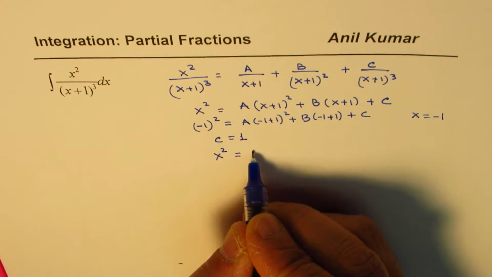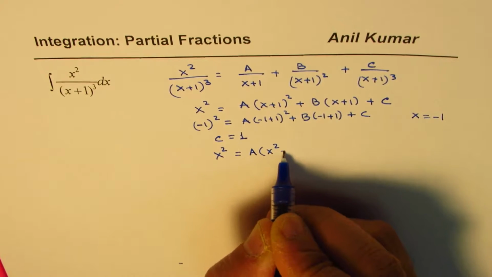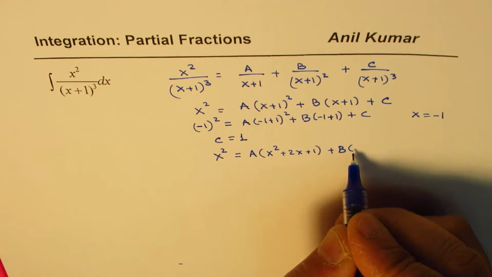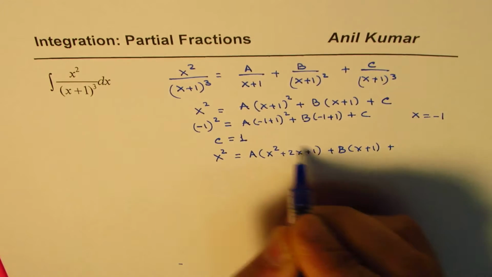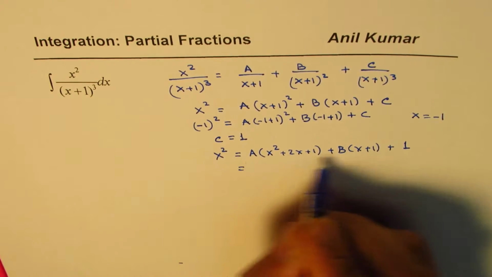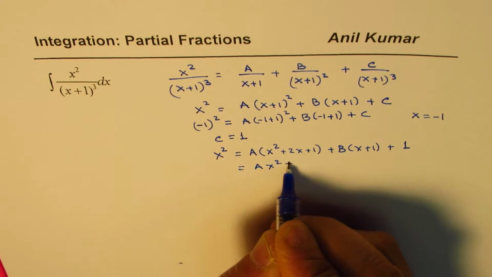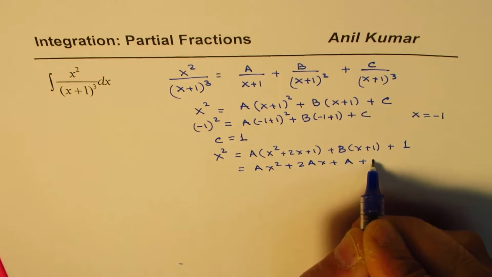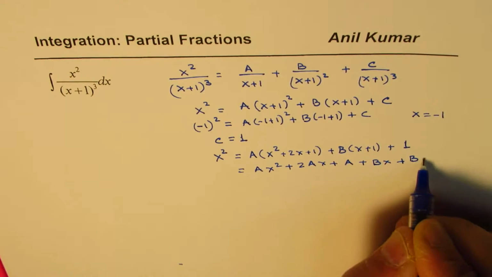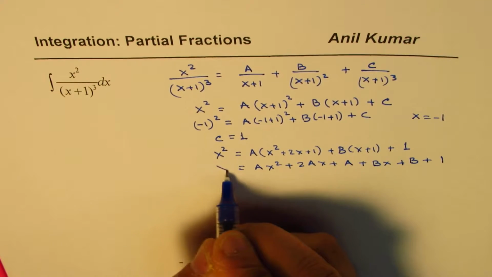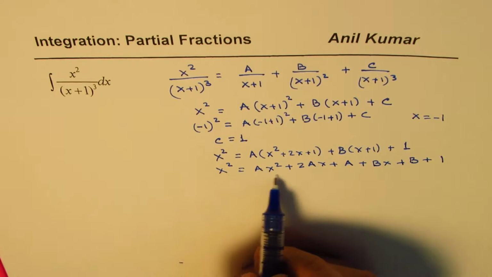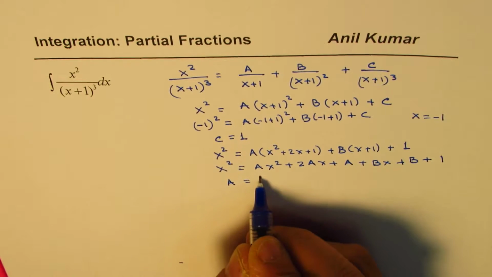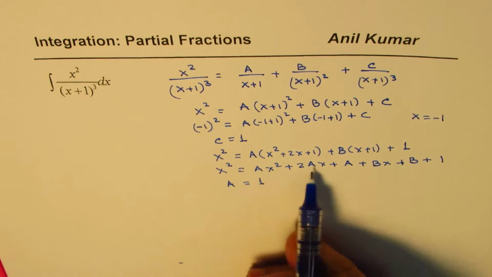You get A times (x squared plus 2x plus 1) plus B times (x plus 1) plus 1, which is C. Opening this up, you get Ax squared plus 2Ax plus A plus Bx plus B plus 1. Now the coefficient of x squared should be the same, so comparing that, you get A equals 1.